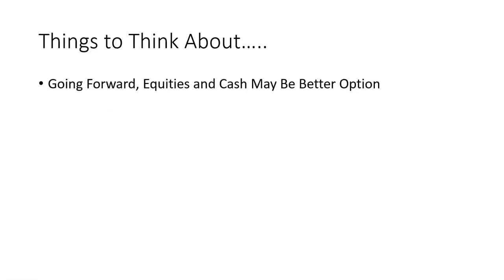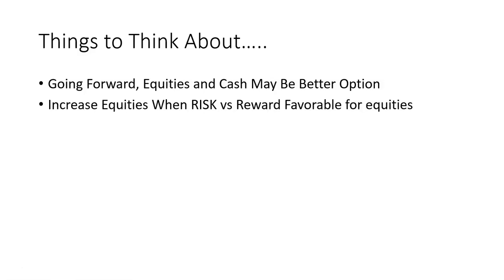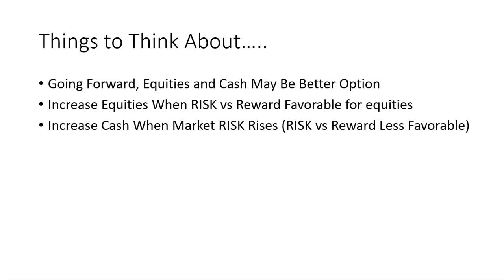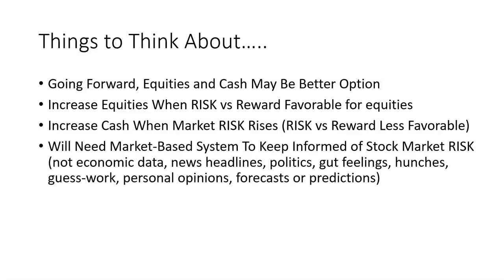So as I pointed out a few seconds ago, going forward, equities and cash may be a better option for many, if not most, investors. You will want to increase your equities when risk versus reward is favorable for equities, and then increase cash when market risk rises and the risk versus reward is less favorable for equities. Okay? But to do this, you will need a market-based system to keep you informed of stock market risk.